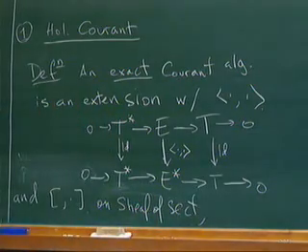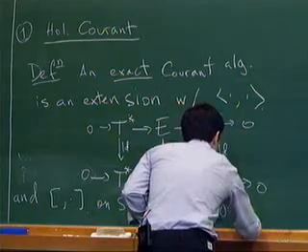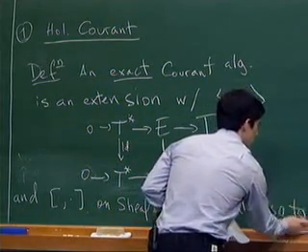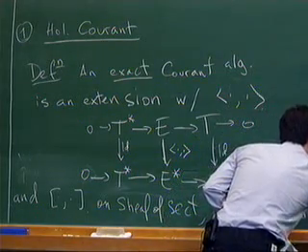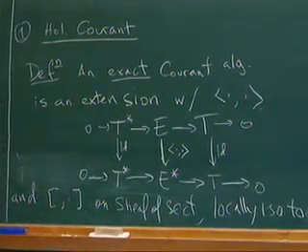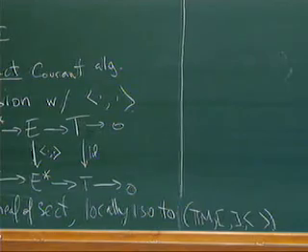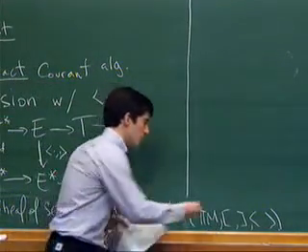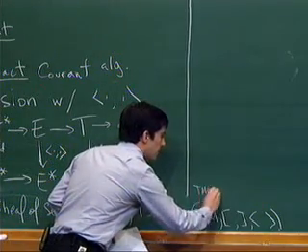And locally isomorphic to the usual double-struck T M. I think that's all you really need to say. You just want to say that you have to be familiar with the structure. When I write this double bold T, I just mean TM plus T*M.